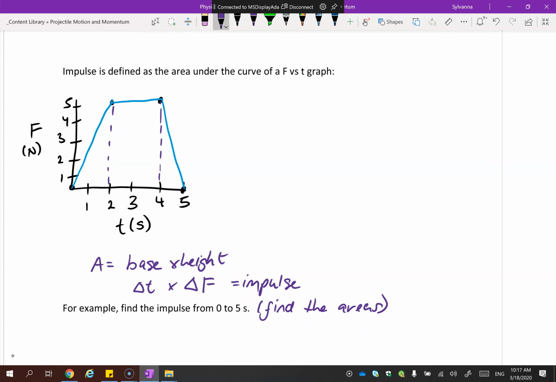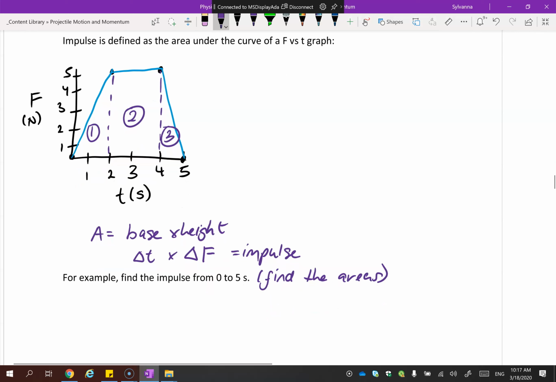I'm going to call this section 1, this section 2, and this section 3. So impulse is F times delta T. This is going to be our first area plus our second area plus our third area.